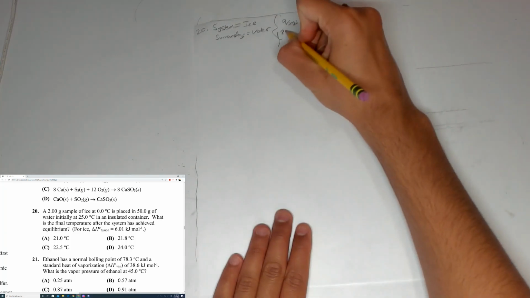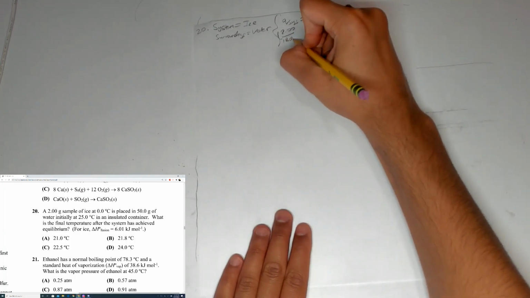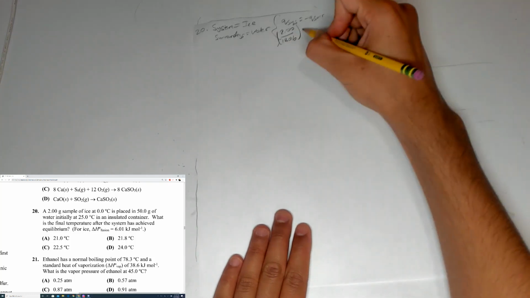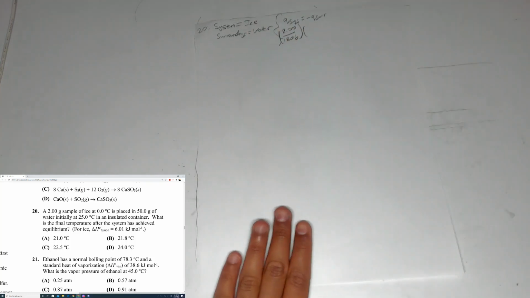We have delta H of fusion is 0.61 kilojoules per mole. So we'll convert our 2 gram sample of ice into moles by doing 2 grams over the molar mass of water. Then we'll multiply by the heat of fusion in joules per mole to account for the unit.